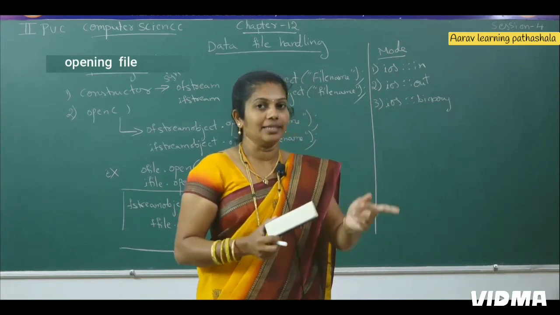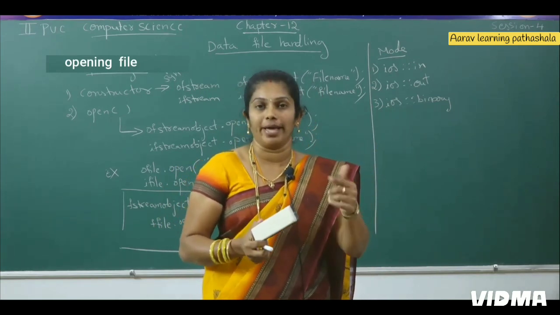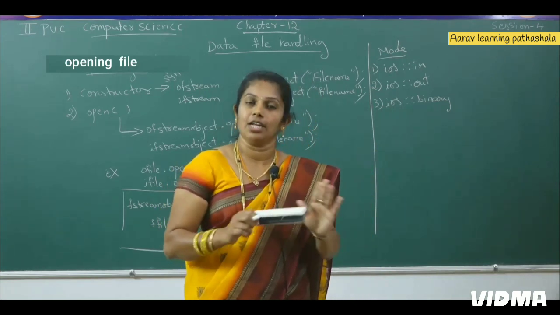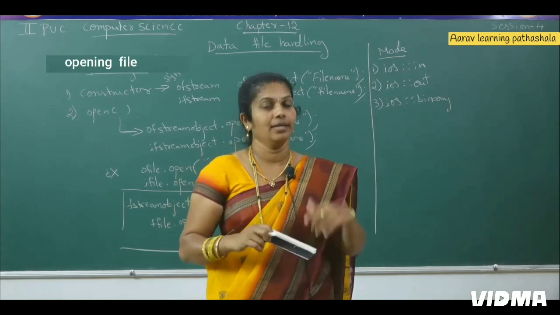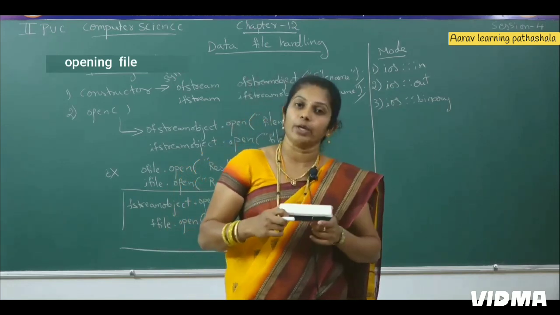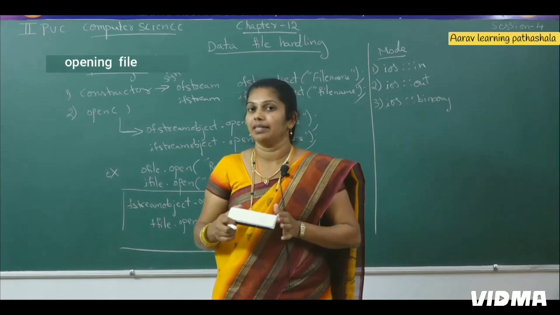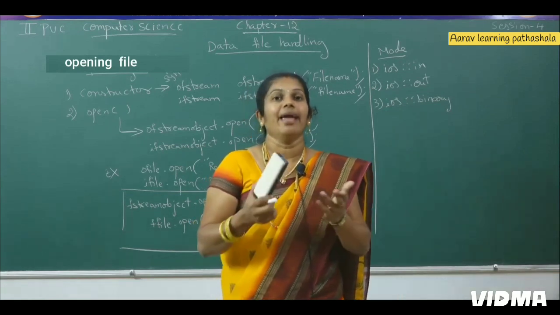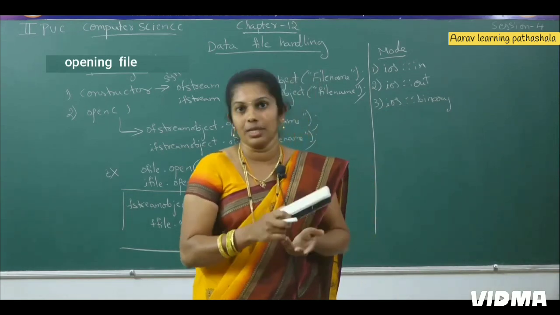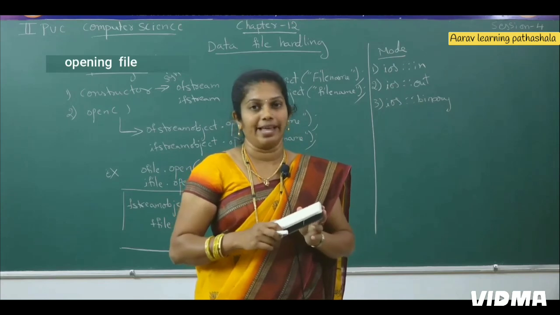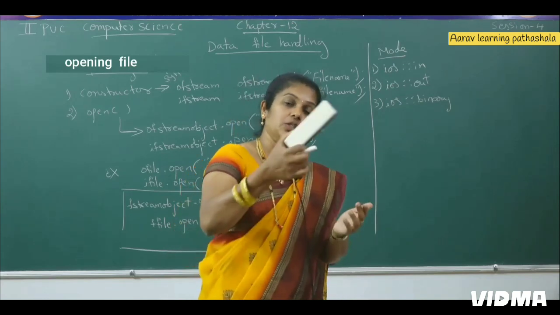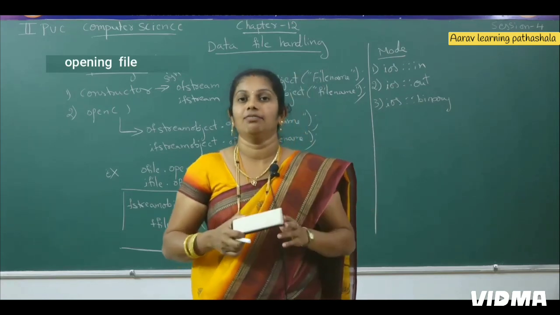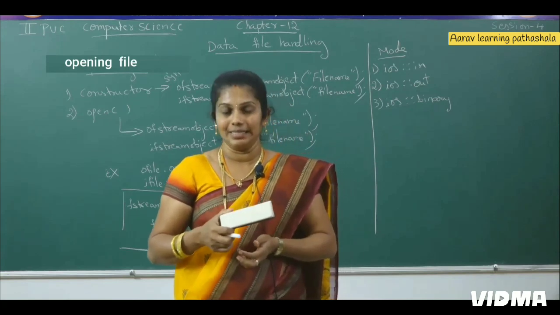In a text file we need end of line, whereas in a binary file we do not require any end of line. In a text file we may require a translator, whereas in a binary file we do not require any translator, because the computer can understand only binary language. If the information is already in binary format, then we do not require any translator.